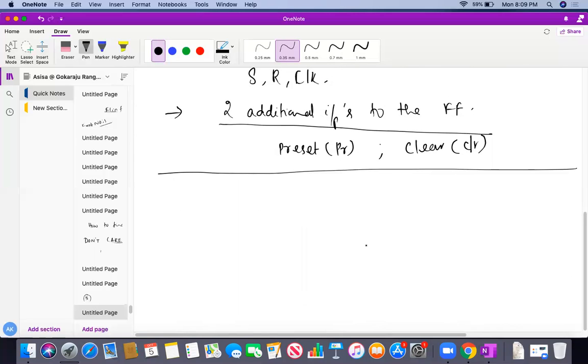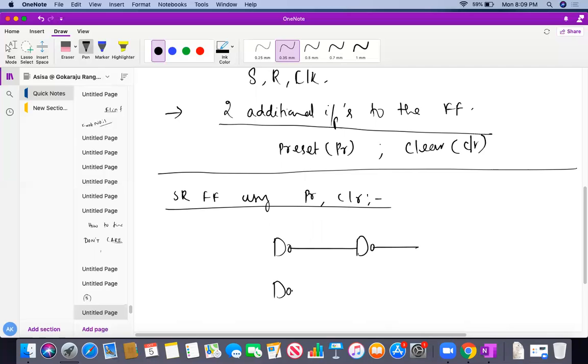Now the question is how my design works using preset and clear. Please check here. I'm drawing the SR flip-flop using preset and clear. Slowly I'm moving to the main topic. So this is my SR flip-flop, which we have already seen many times.